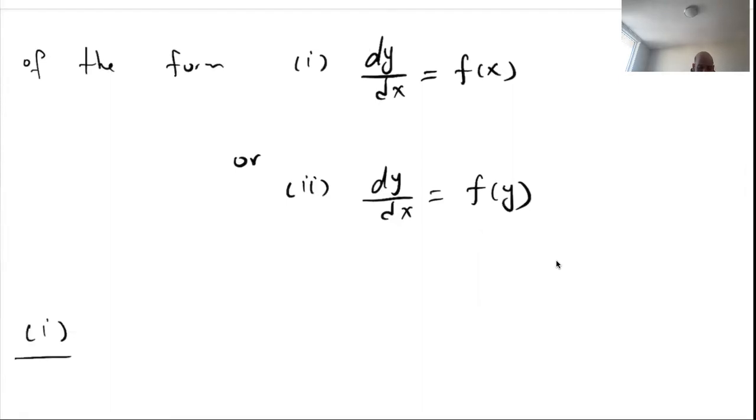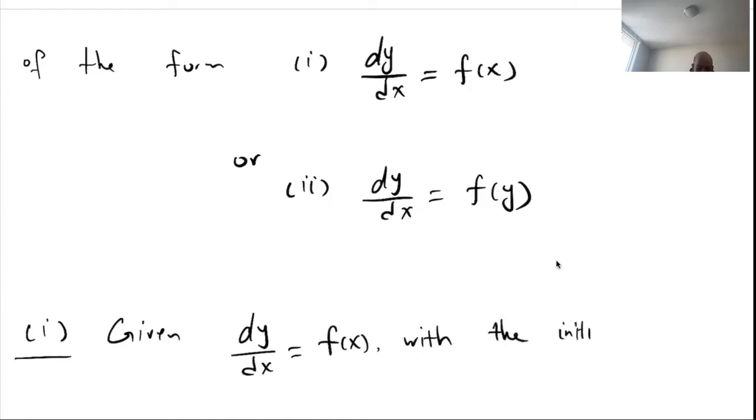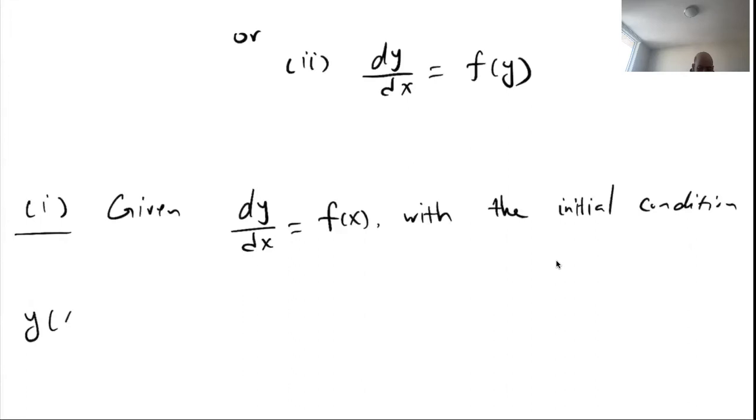So for type 1, given dy/dx equals f of x with the initial condition y of x0 equals y0.